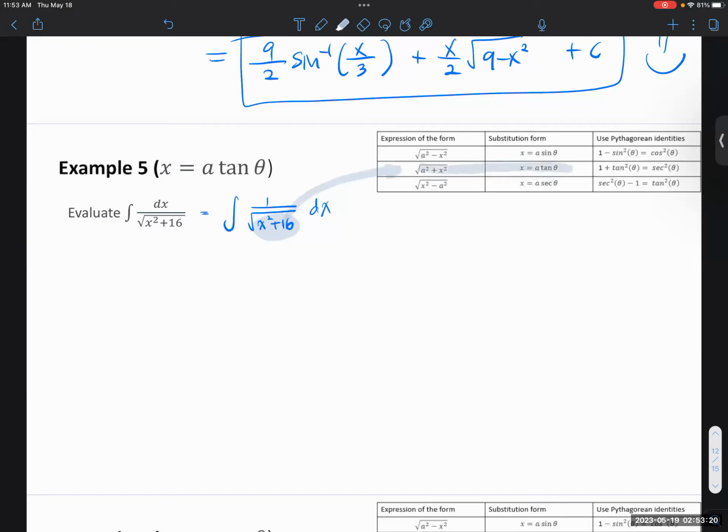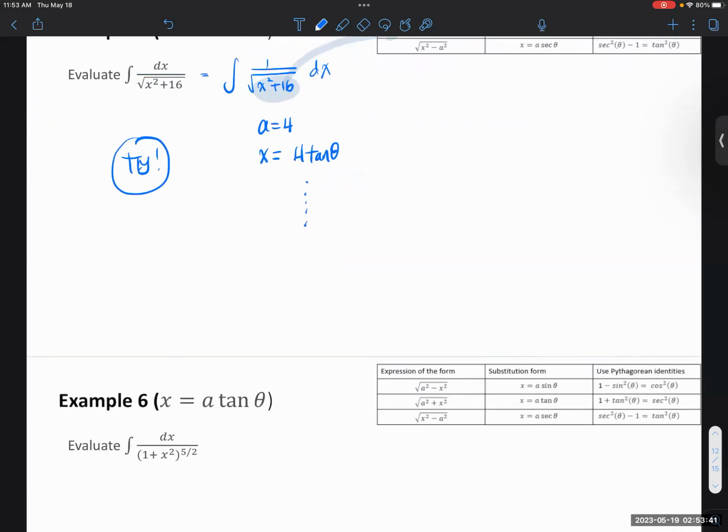So you can try it yourself. I'm pretty sure you can say now a is 4, x is going to be 4 tangent theta. So you can do the rest of the same work. Okay, try. Because I want to do a little bit challenging question.